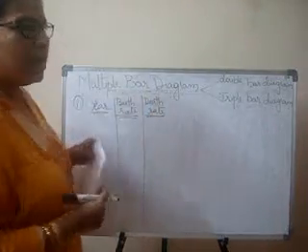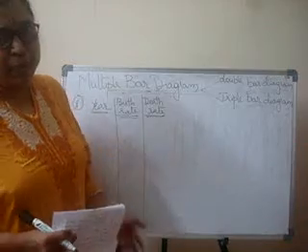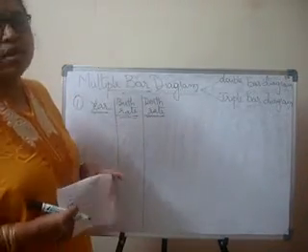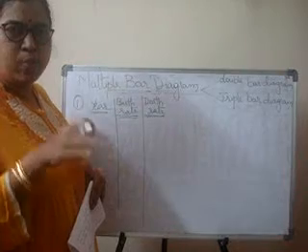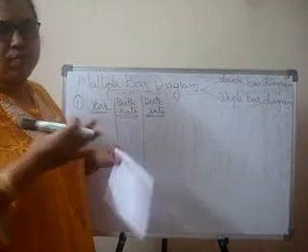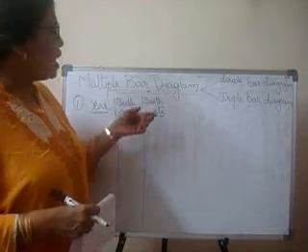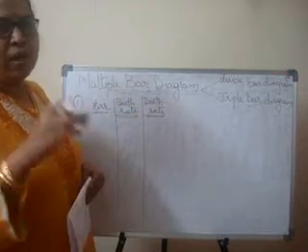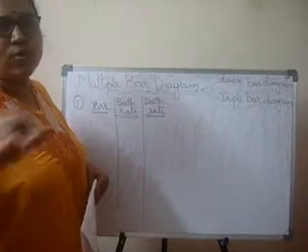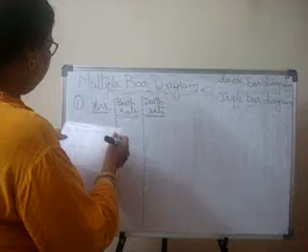Birth rate means the number of children born in a given period or in a given year for every 1,000 people. That's how we calculate birth rate, and death rate is the same thing: the number of deaths occurred in that period per 1,000 population. So that's how we calculate.